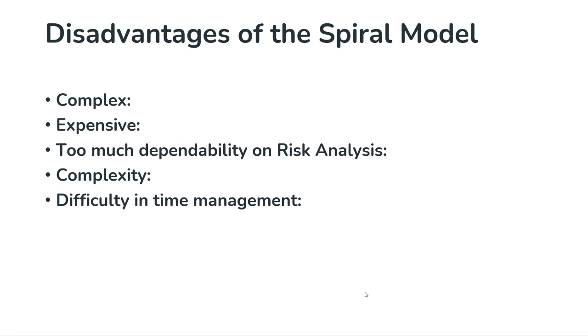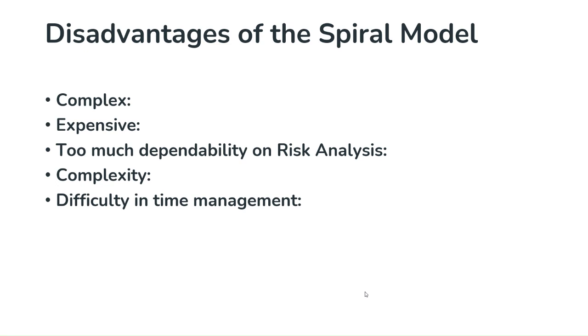It is expensive compared to other models. The spiral model is somewhat expensive. There is too much dependability on risk analysis. I have said that with knowledge only we can use the spiral model. Without knowledge we cannot use it.